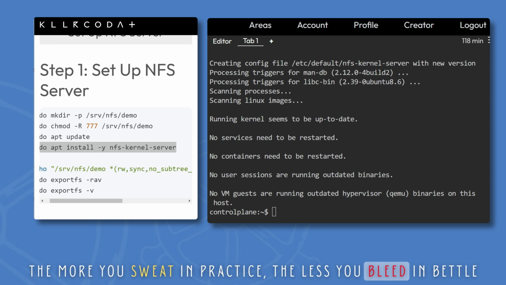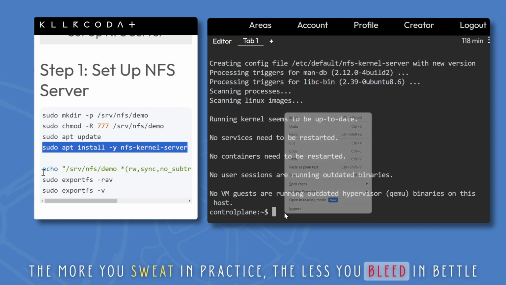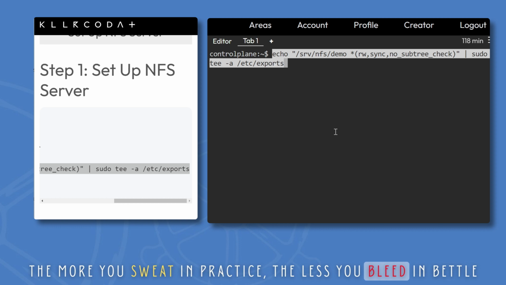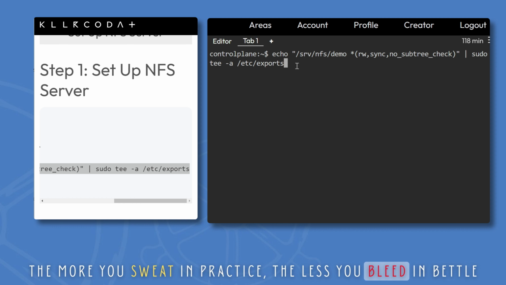Now this is a long command, so let's break it into smaller chunks. Echo prints the text and describes the NFS share. That is the folder you want to share, and the star means any client IP can access it. RW, read write, allows read and write access.